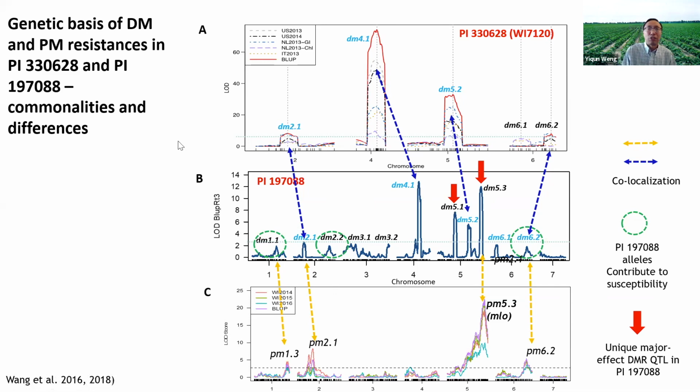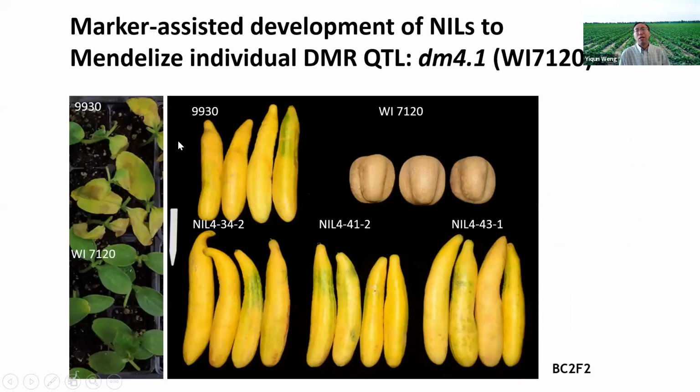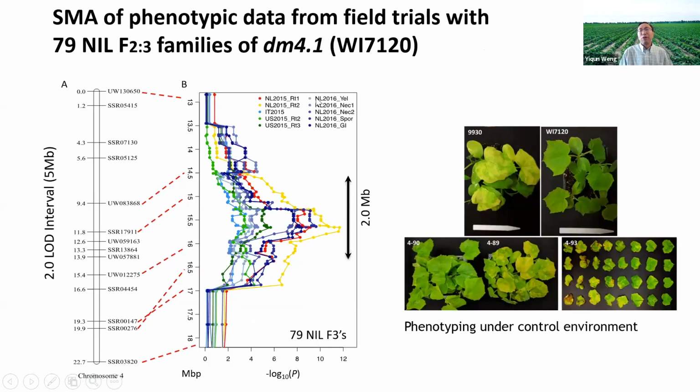So we focused on the 2 QTLs for fine mapping. The strategy is, first, we developed NILs for individual QTLs to Mendelize the individual QTL, and then we do segregation linkage analysis with multiple years and multiple locations of phenotyping, which I think most of us are familiar with.